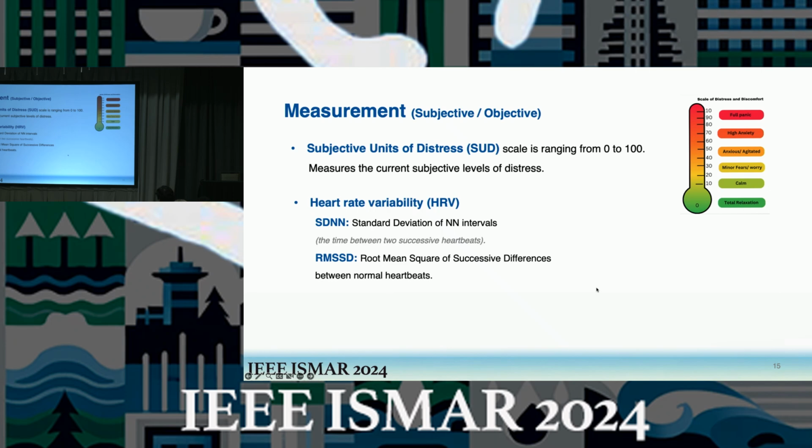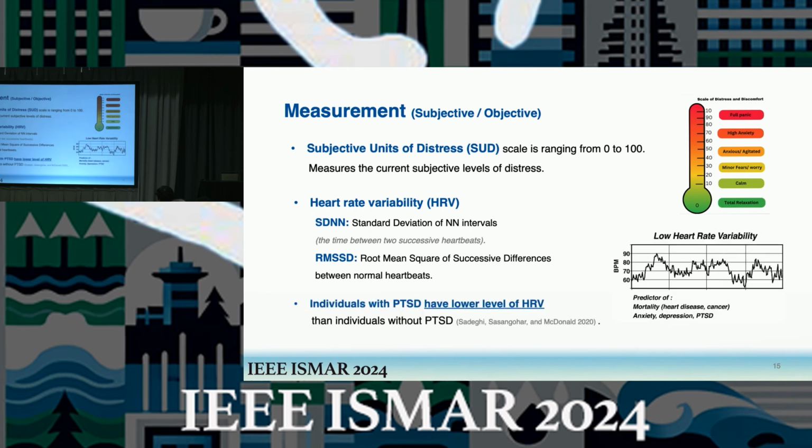Both the SDNN and RMSSD data are time domain measures of HRV, and individuals with PTSD, post-traumatic stress disorder, have a lower level of HRV than individuals without PTSD.